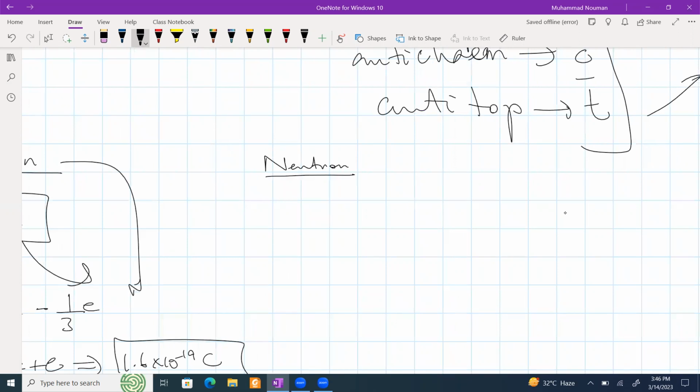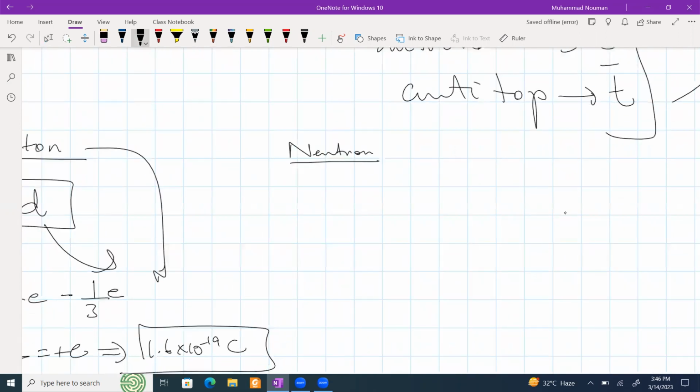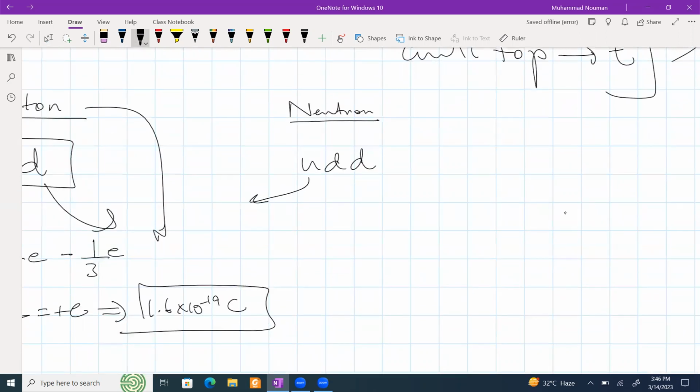A neutron is actually UDD. Okay, U is for up, D is for down, and this D is also for down.